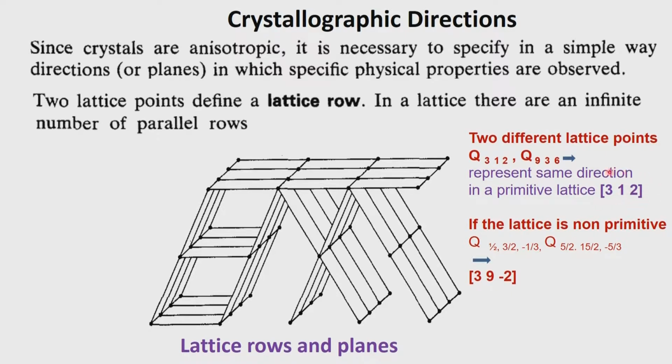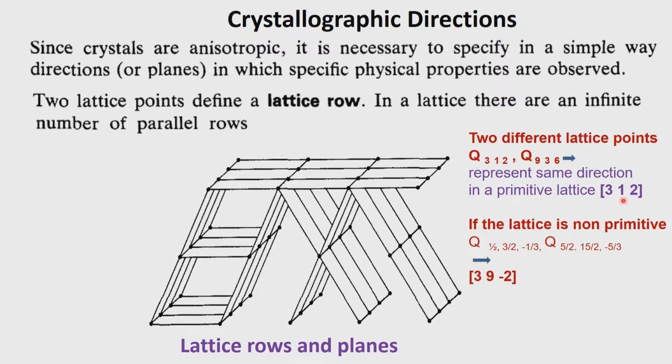It represents the direction 312, and all the family members which are factorizable under 312 belong to this direction. The points are different, but the direction is the same. So, when we say 312, that specifies the direction. The specification of the direction by crystallographic nomenclature is done by the square brackets.